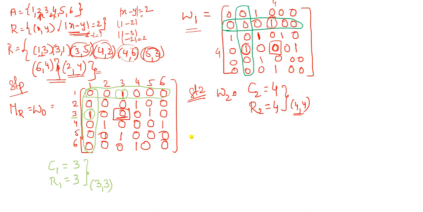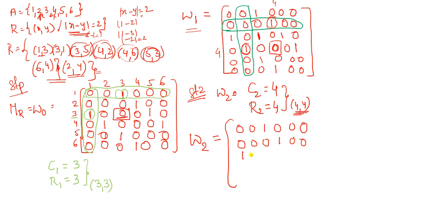Okay. Now our new Warshall set, that is W2, what will be the answer? 0, 0, 1, 0, 0, 0. Okay, only new entry 4, 4. Only one element is there. Just insert 1 at that position. 1, 0, 0 and 1, 0, 1, 0, 1, 0.